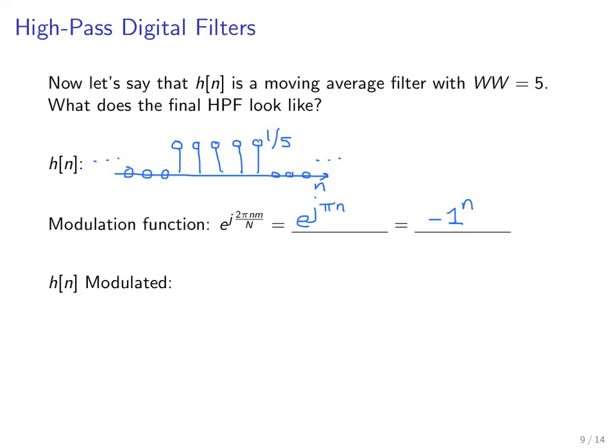So we're either multiplying the signal by 1 or -1, depending on whether we're at an odd or even index. Okay, so when we do this, then we will get the following.